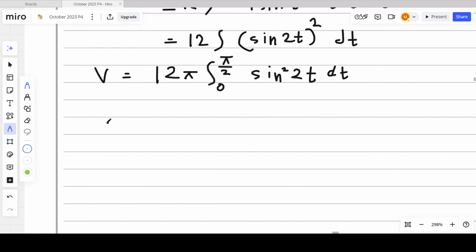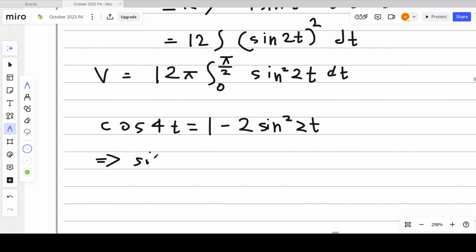Look, cos 4t can be written as 1 minus 2 sin squared 2t using the trigonometric double angle formula. From there, if you make sin squared 2t the subject, you will get a substitute for sin squared 2t.